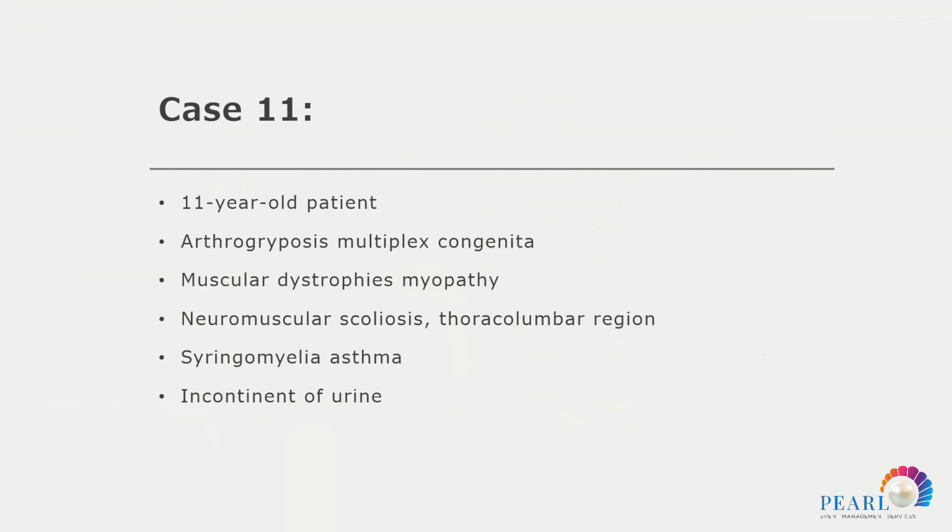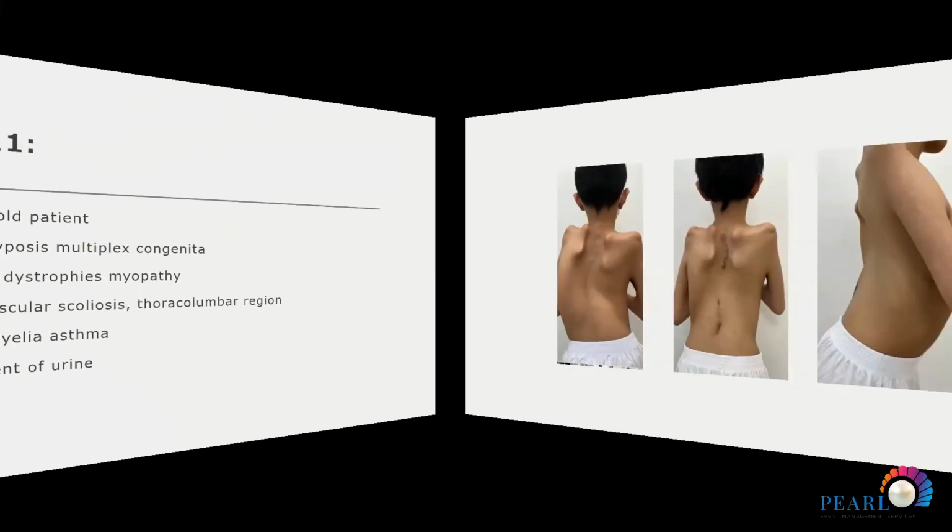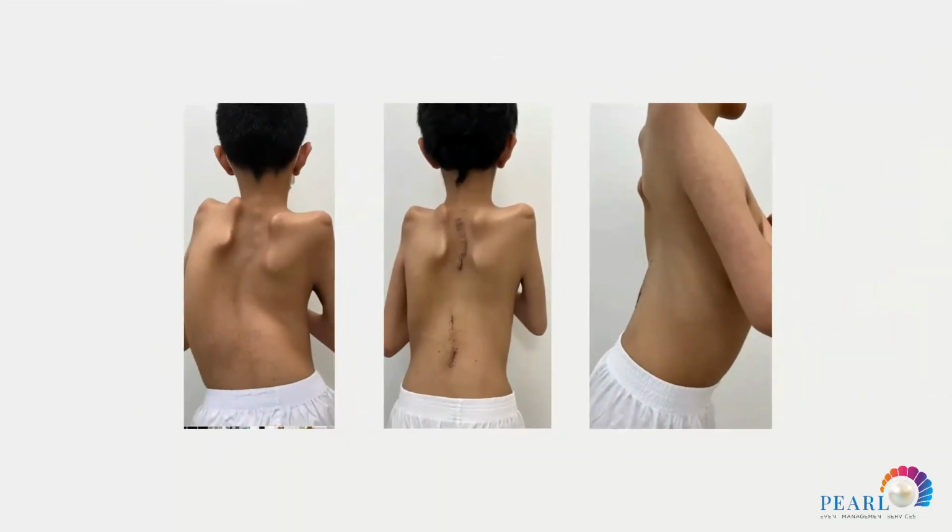11-year-old patient with arthrogryposis multiplex congenita, muscular dystrophy, myopathy, neuromuscular scoliosis, syringomyelia, asthma. And this is the patient before the surgery. And this is after the surgery.